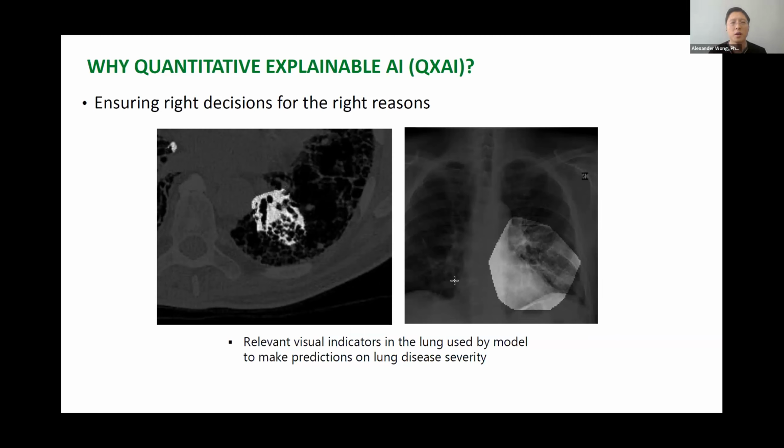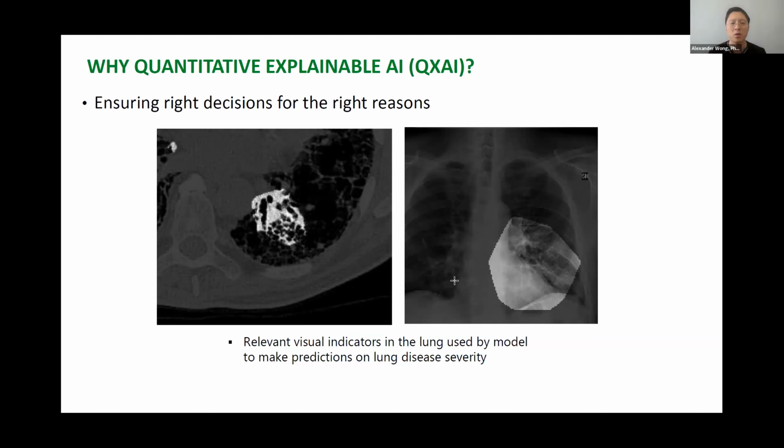One of which is that quantitative explainability allows you to ensure that the right decisions are being made for the right reasons. So here's an example on the left where we build an AI model for predicting the severity of lung degradation for pulmonary fibrosis.